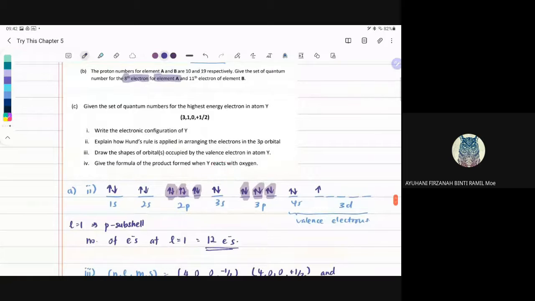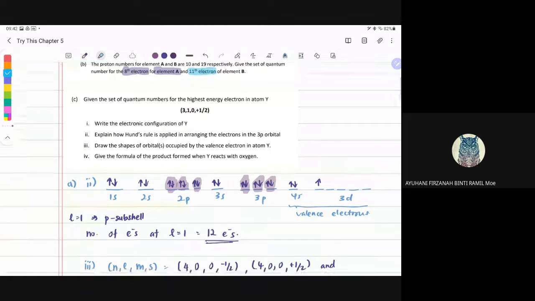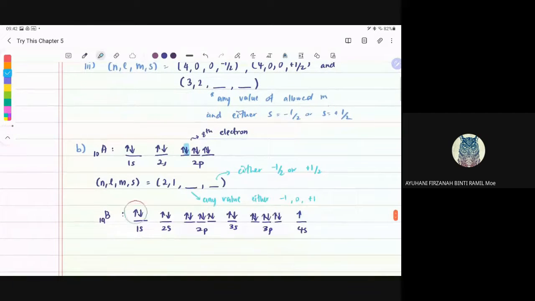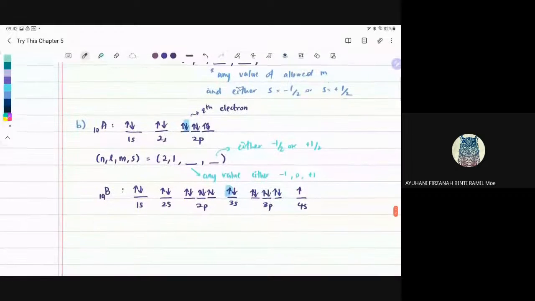Dan dia minta elektron ke 11. Elektron ke 11. So, 1, 2, 3, 4, 5, 6, 7, 8, 9, 10, 11. So, ini adalah 11th elektron.